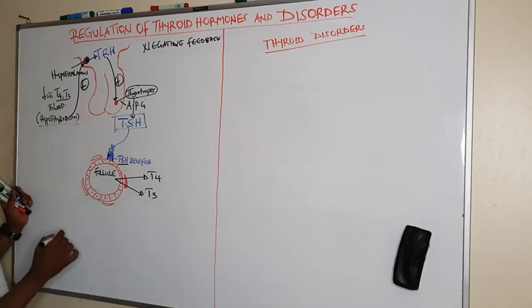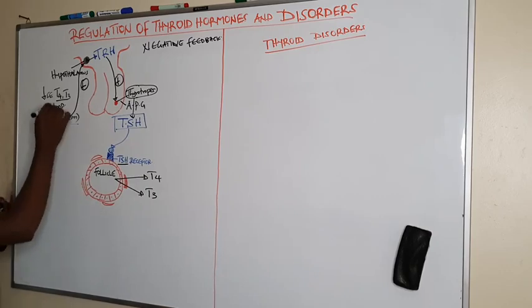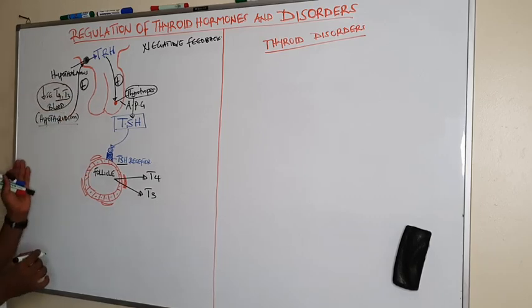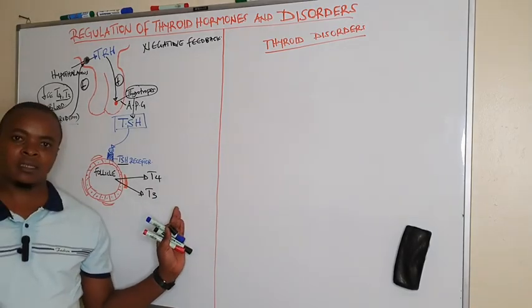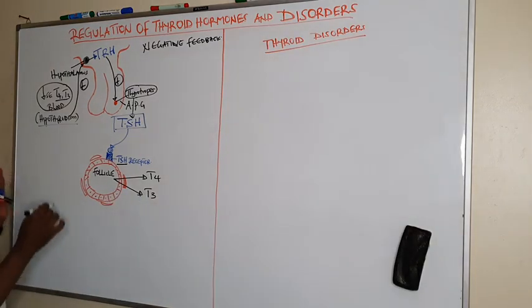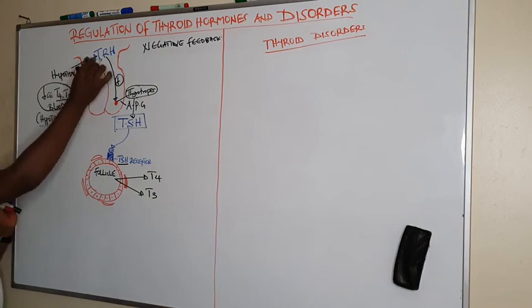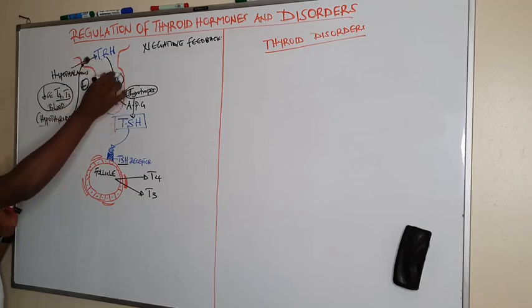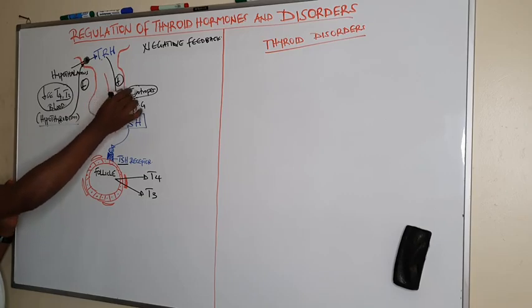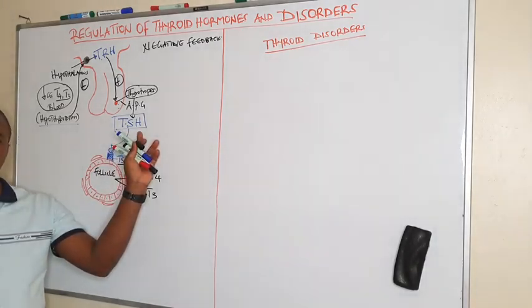Remember what had triggered this was low levels. Because there were low levels of T3 and T4, the main aim is to increase the T3 and T4 in blood. So that's why low levels trigger the hypothalamus to synthesize and secrete thyroid-releasing hormone, which goes to the thyrotropes and stimulates them to synthesize and secrete thyroid-stimulating hormone.